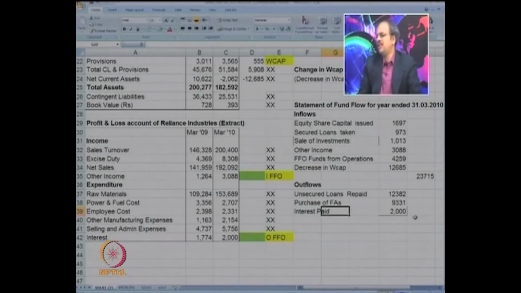So we have marked 3 items. Now take the total and verify, is it matching? You can see it is matching. There is a minor difference because of an error in rounding off, so we will ignore it. The total of inflows and outflows comes to 23,715. Is it clear to everyone?